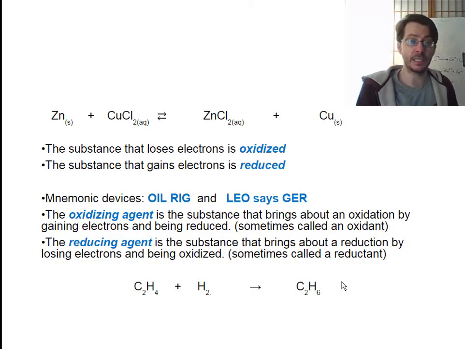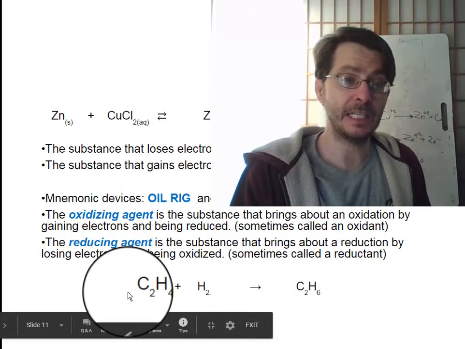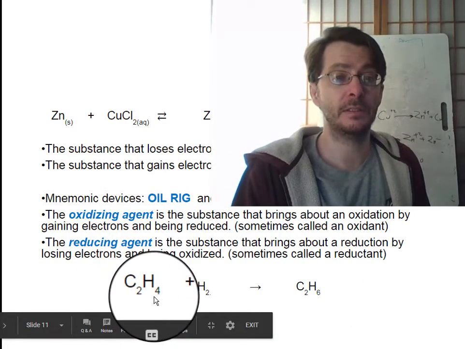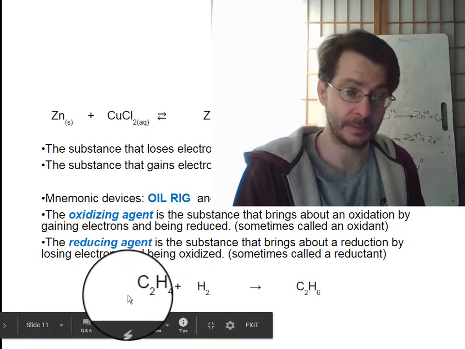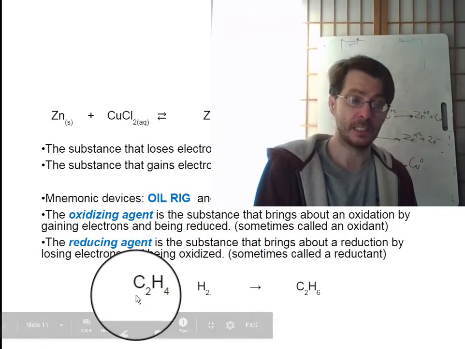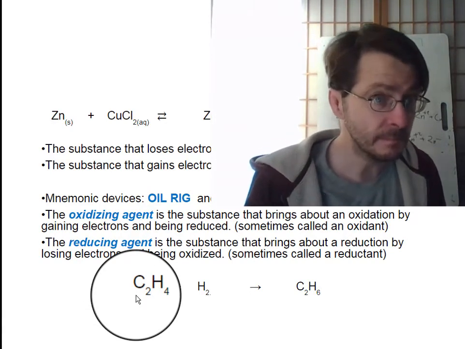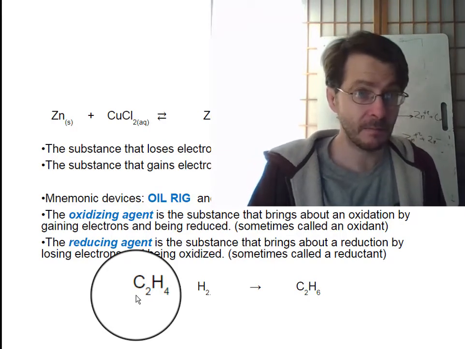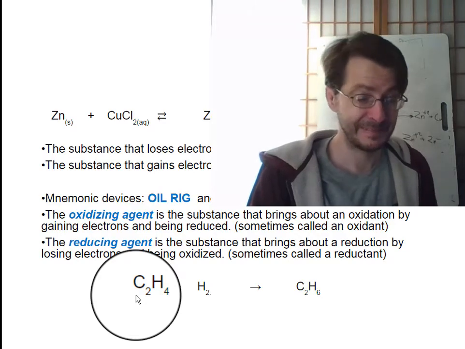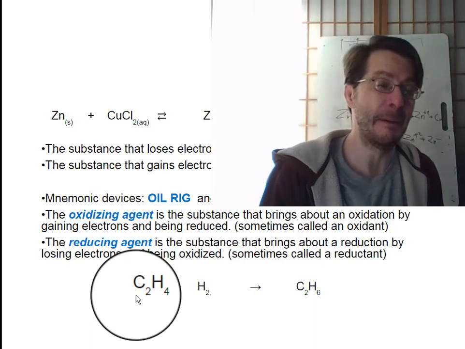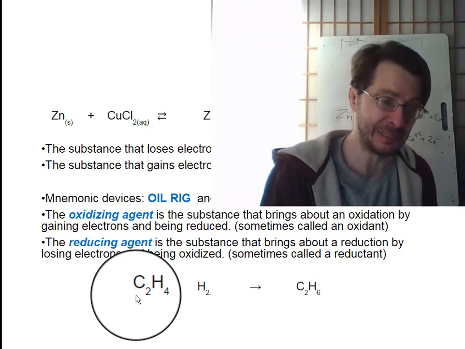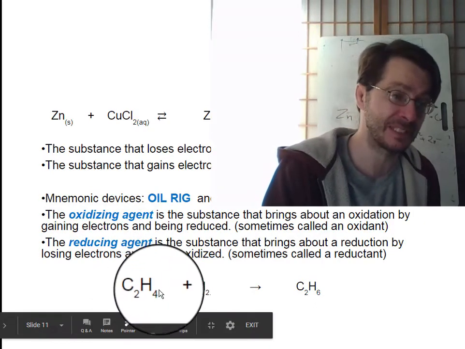Let's look at the oxidation numbers for each of these species. You will see that the oxidation number of the carbon, the hydrogen, and this hydrogen are all slightly different. Each of those carbons has a -2 oxidation number, because hydrogen's typically +1, right?